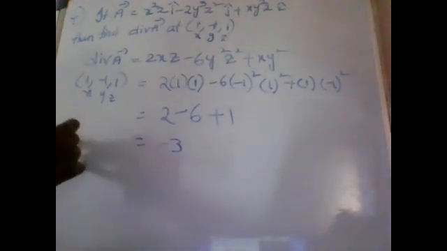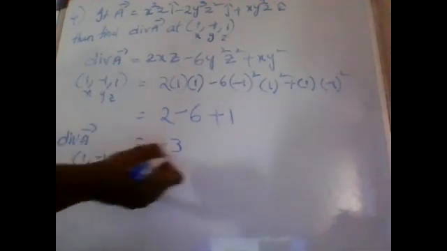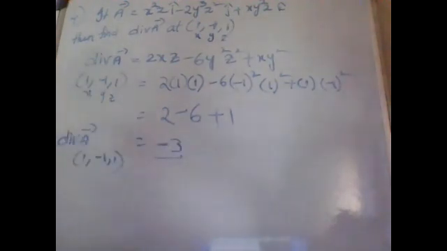So the divergence of A bar at the point (1, -1, 1) equals minus 3.